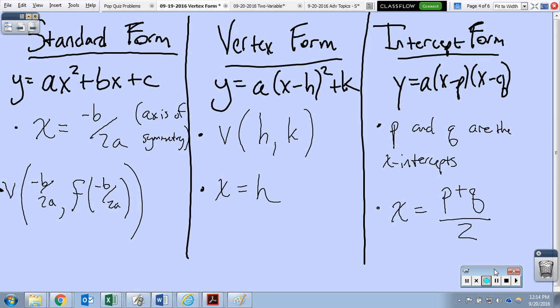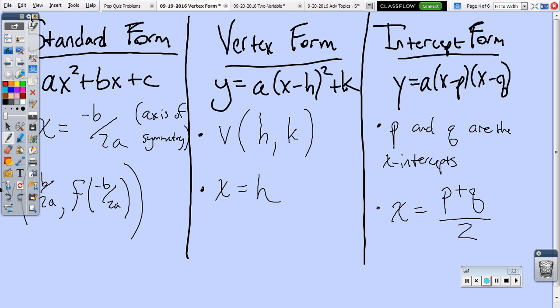The axis of symmetry runs through the vertex. If I have a parabola and here's the vertex, the axis of symmetry runs right through it.